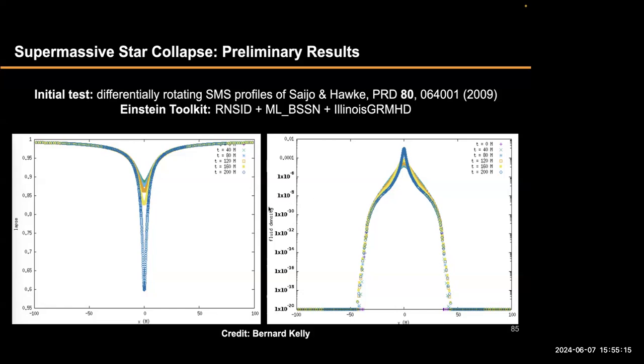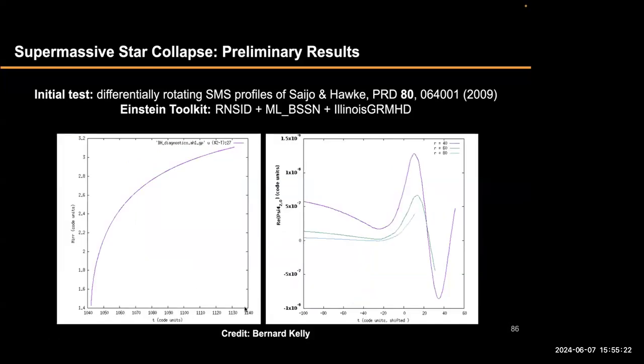And then by evolving this for a long time, you can see here that the scale stopped at 200 M, but if we evolve it significantly longer, this is the mass of the black hole that formed, right? We already have diagnostics that detect the formation of a black hole, and this scale is in units of millions of solar masses, right? So this is forming a supermassive black hole, basically.